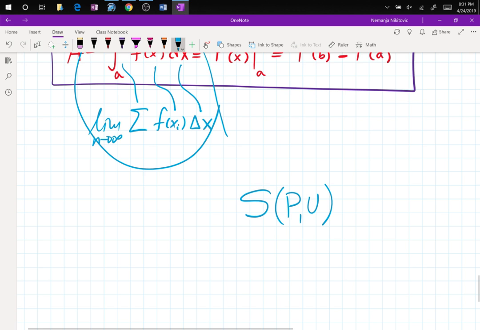I'm not sure whether it was PU or UP, but one stood for upper limit and one stood for lower limit. So if you wanted to write your integral, it would be S from 0 to something, and then you put your function here, 3x plus 4, right? So that was the original notation. Over time, we developed that into the better notation that we use today.